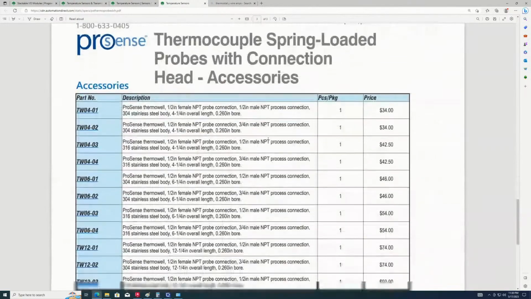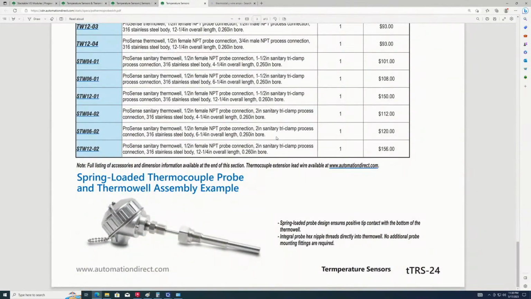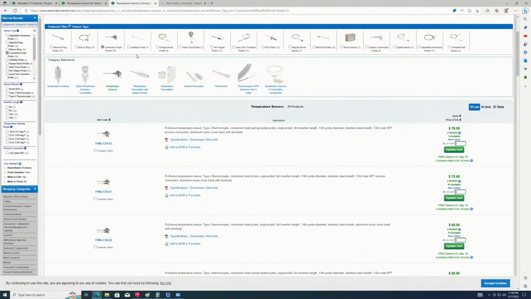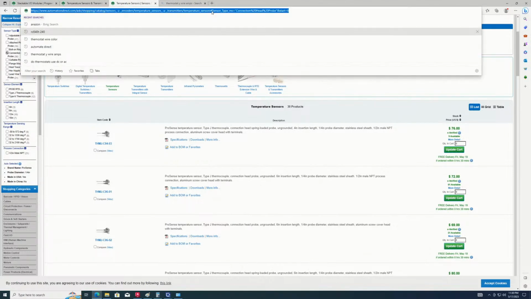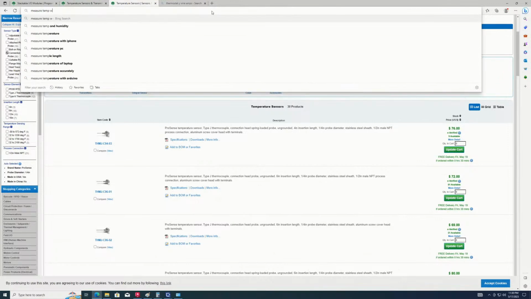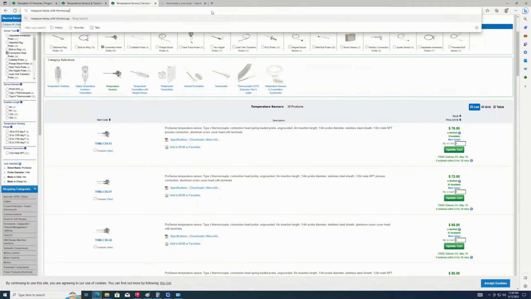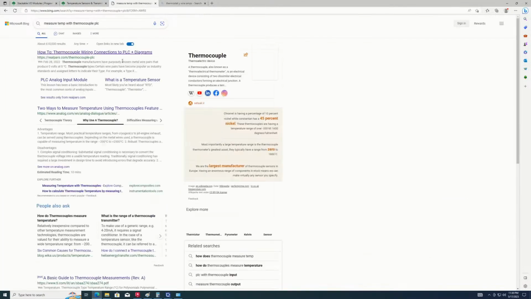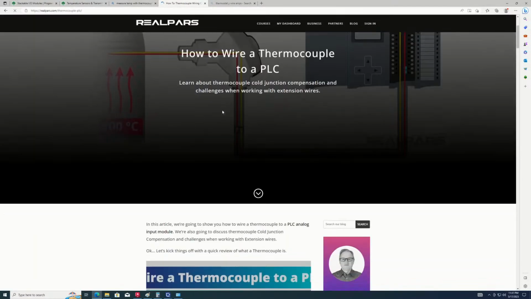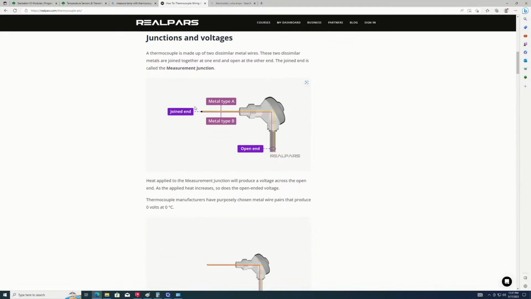Oh, you're just a probe. Okay, we're just gonna do this. Look, they want to stick it in something.